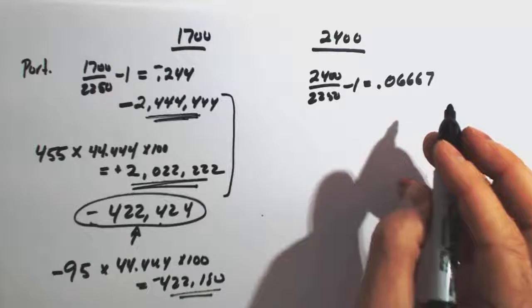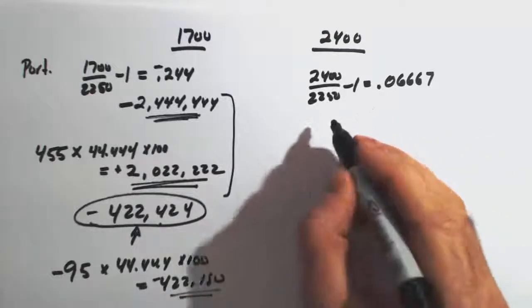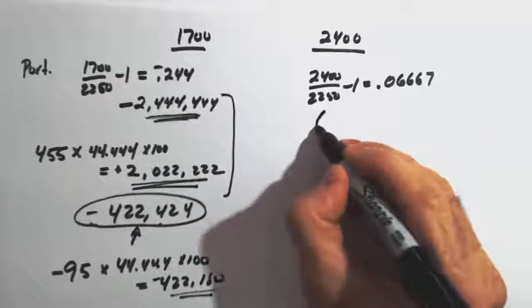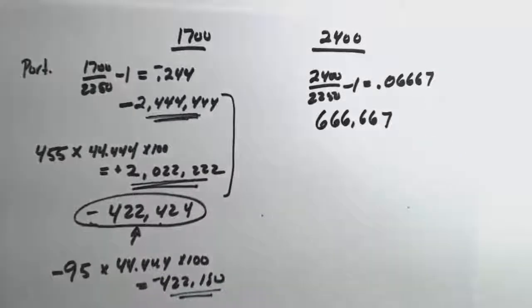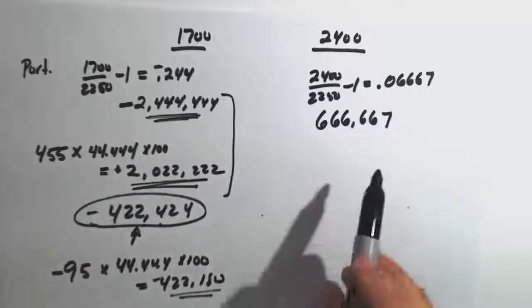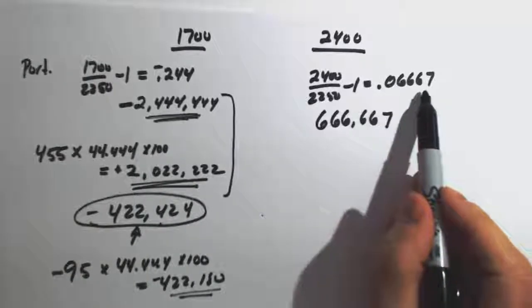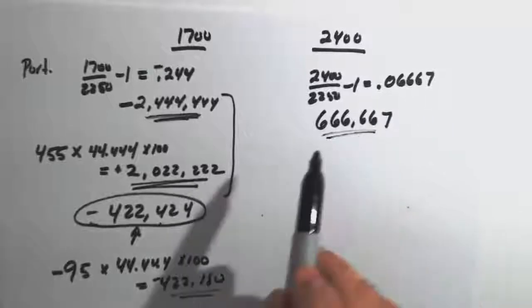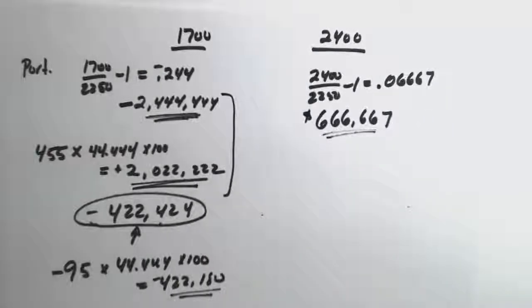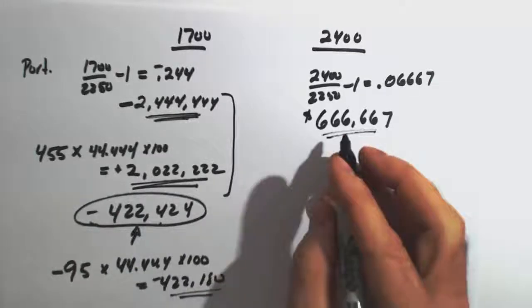And so that translates into $666,667. So remember, we have a portfolio of $10 million and it goes up by nearly 7%. Dollar-wise, it's $666,000.